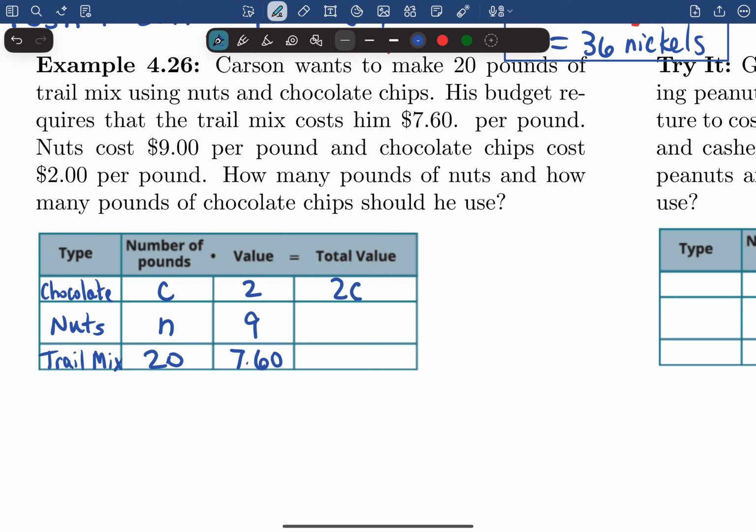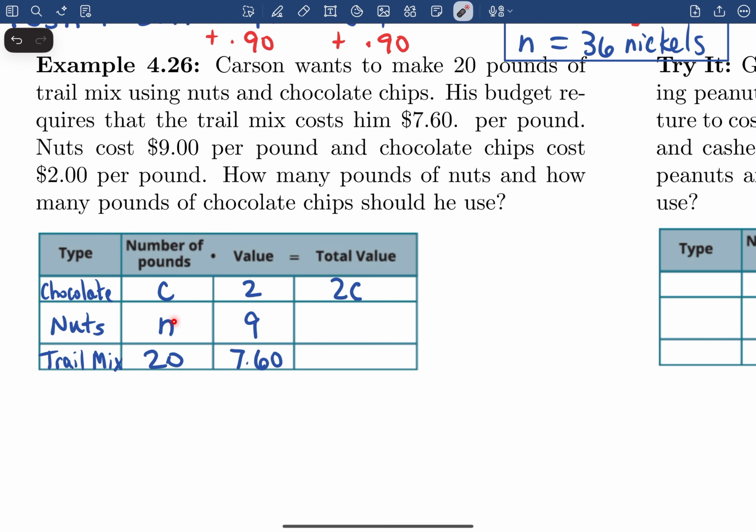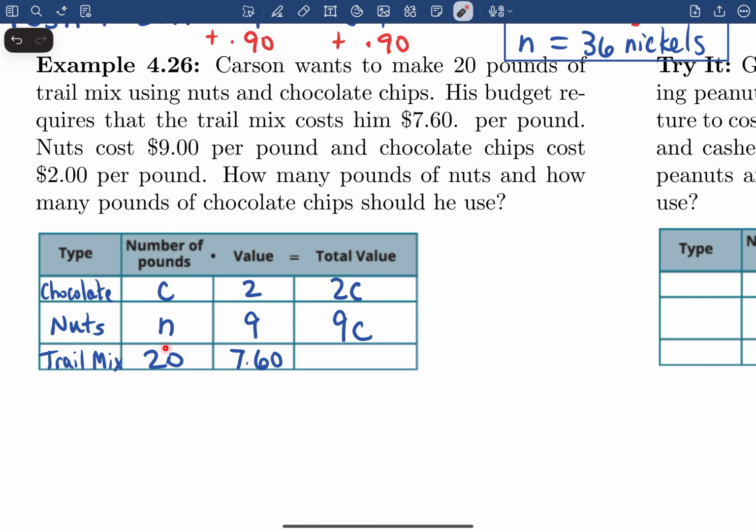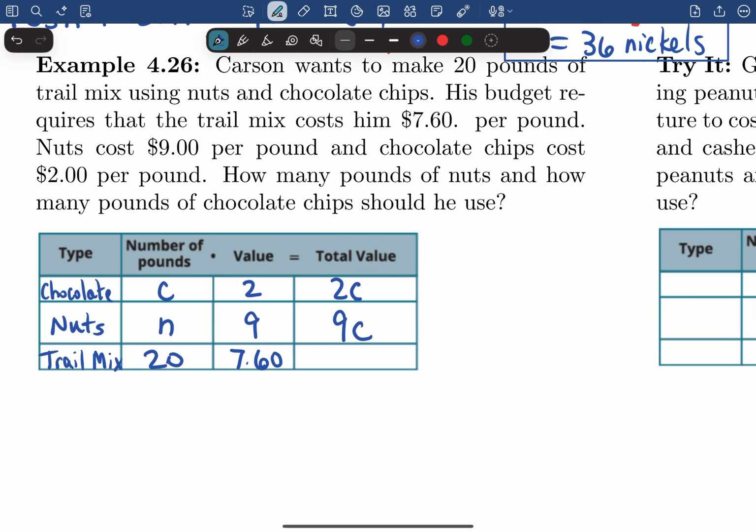And then the number of pounds of nuts times 9 is going to be 9N. And I can also find the 20 pounds of trail mix that I want to create times $7.60 per pound. That gives me a total. I can multiply these together, 20 times 7.6, and that gives me 152.